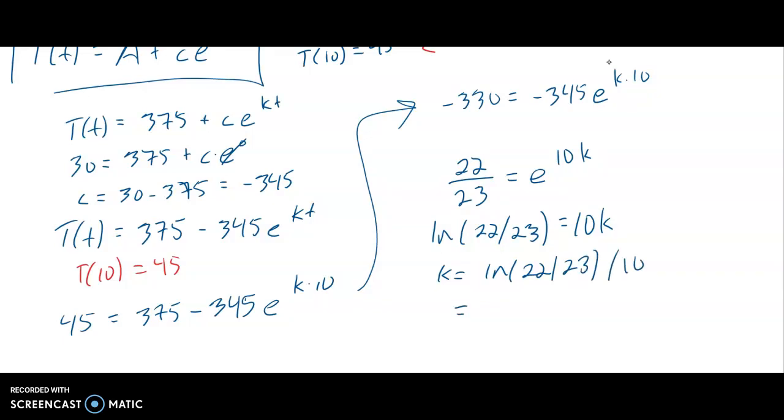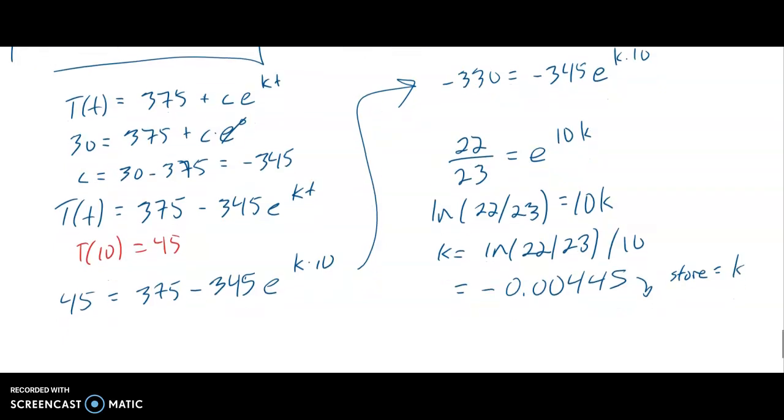If you type that into your calculator, you should get a decimal that is something like negative 0.00, then 4. If I round it here, I get a 5 there. My suggestion for you is to store it into your calculator. For this case, I like to store it as k, and then reuse that anytime it comes up.